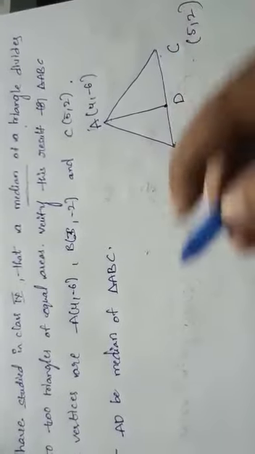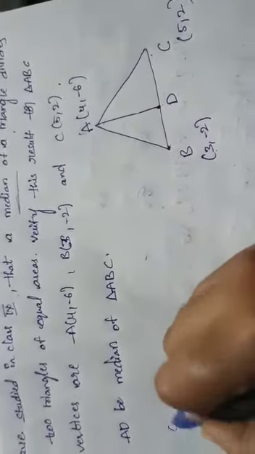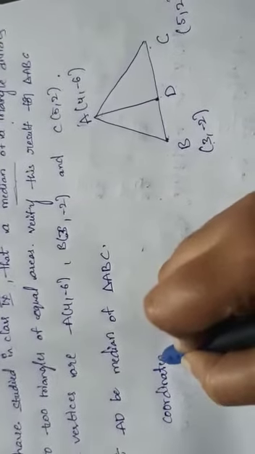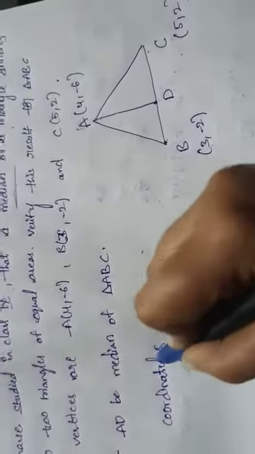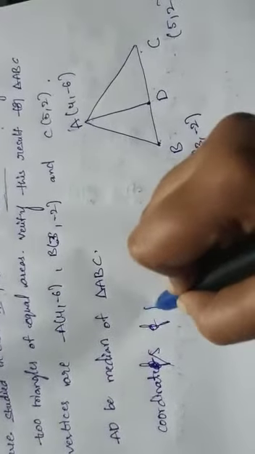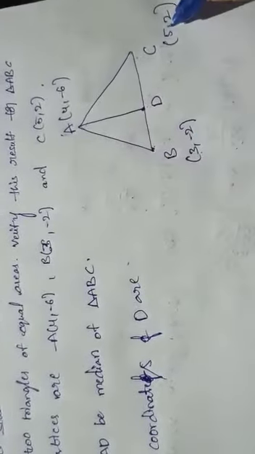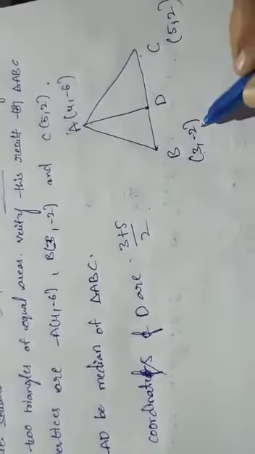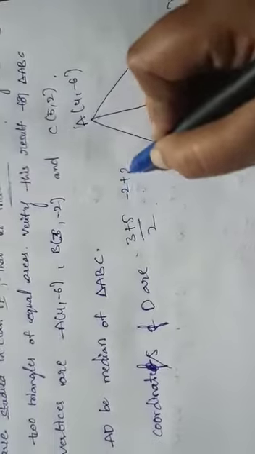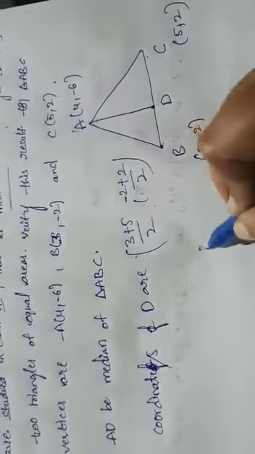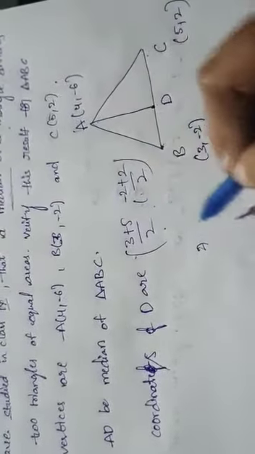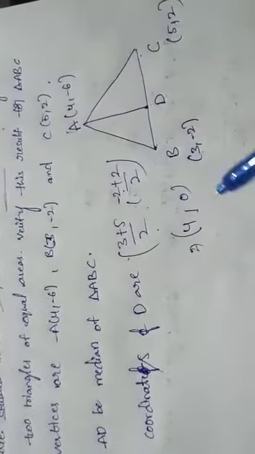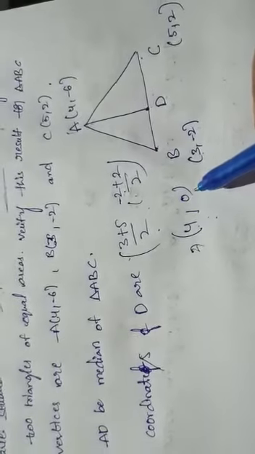Therefore, the coordinates of D are ((x1 plus x2) by 2, (y1 plus y2) by 2), that is (3 plus 5) by 2, (-2 plus 2) by 2. 8 by 2 is 4, and -2 plus 2 is 0. The coordinates of D are (4, 0).